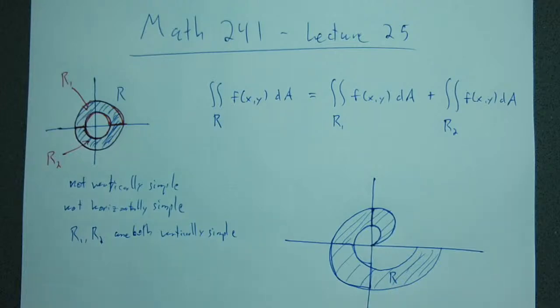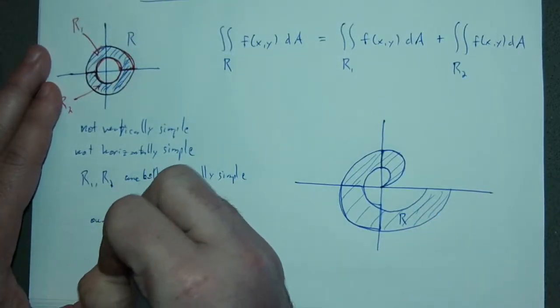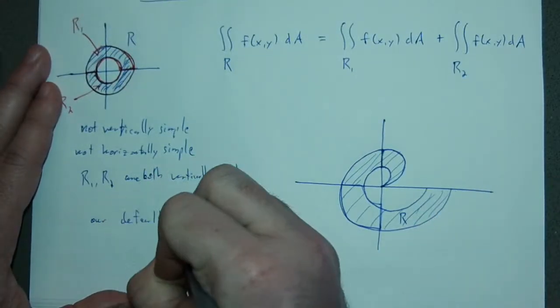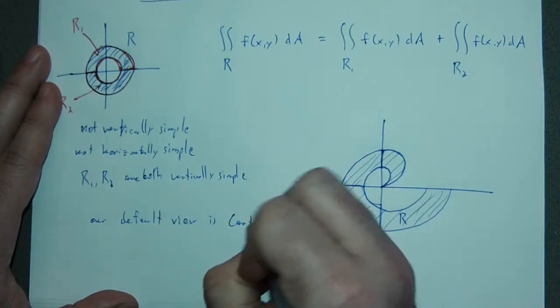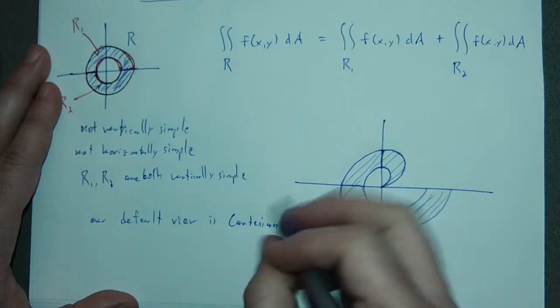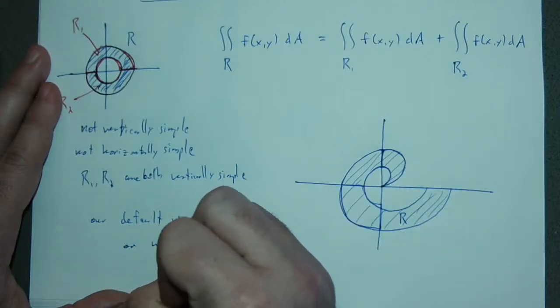And so we're going to go over a method that is going to allow us to deal with both of these really easily, in one step. The key thing to note here is that some regions look a lot simpler in other types of coordinates. Our default view is Cartesian, named after Descartes, so it's Cartesian or rectangular coordinates.